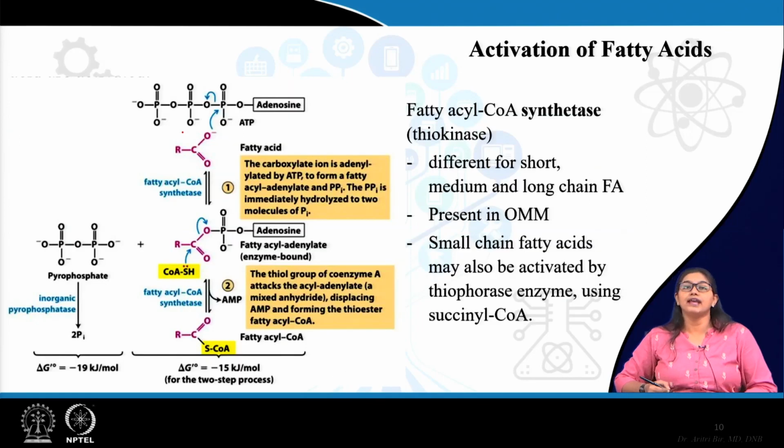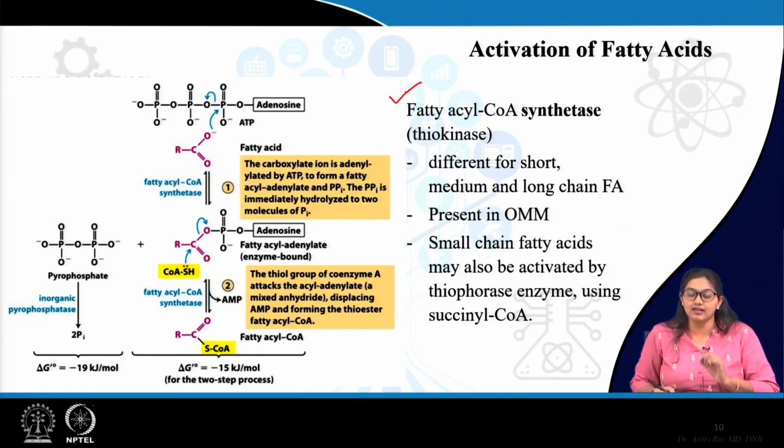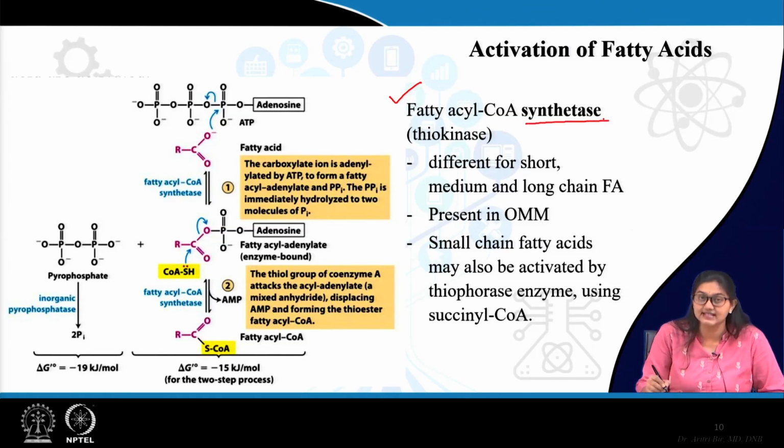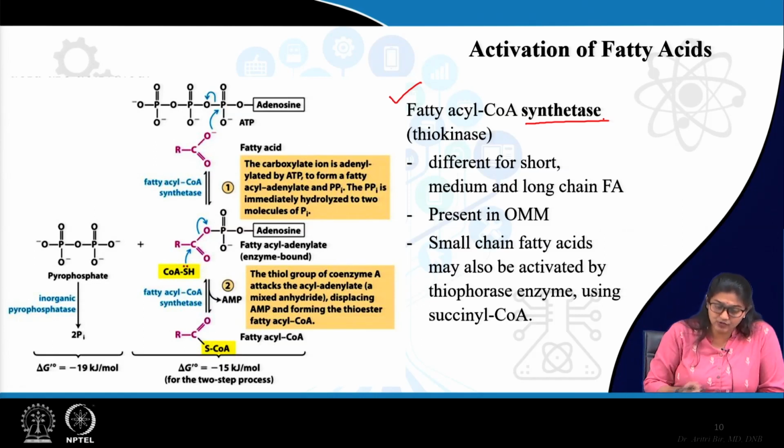Now, the important enzyme for activation of fatty acid is fatty acyl coenzyme A synthetase. Remember synthetase and synthase, there are two types of enzymes. In case of synthetase there is utilization of ATP. So, here you can see there is utilization of ATP.